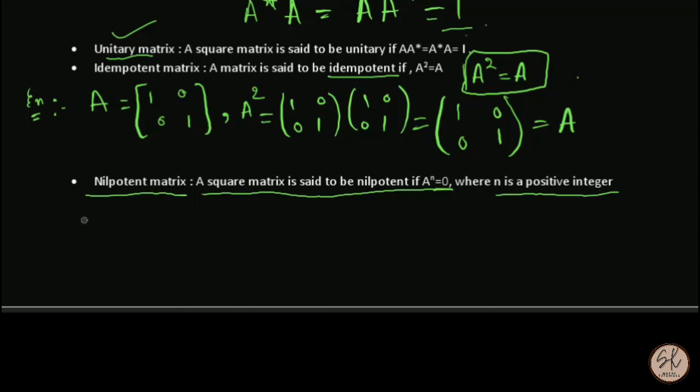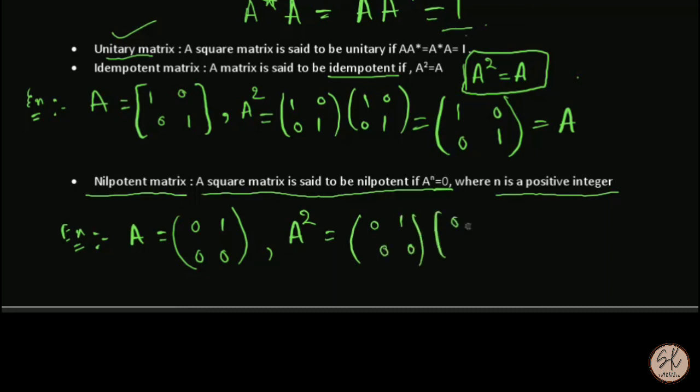For example, if we take A equal to [0 1; 0 0], then A square is [0 1; 0 0] into [0 1; 0 0], which is equal to [0 0; 0 0]. So see what we are getting, 0. Therefore this is a nilpotent matrix.